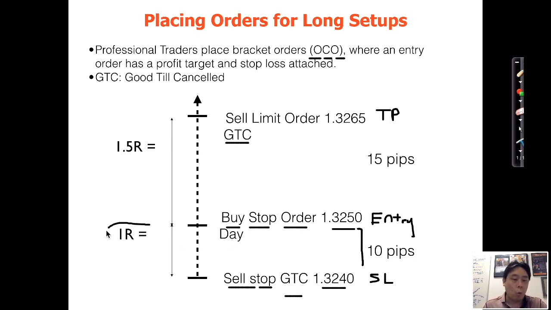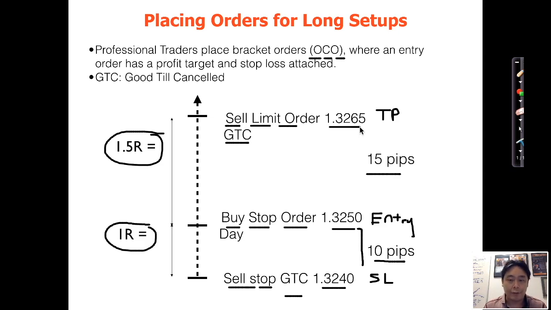And we call this your 1R distance. We then place a profit target 1.5R above your entry price. So in this case, if we're risking 10 pips, our target price should be 15 pips, 1.5 times the stop loss distance. And your target price is a sell limit order at, for example, 3265.